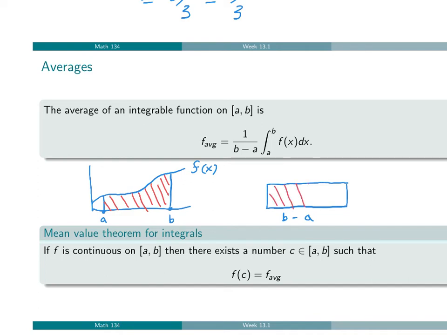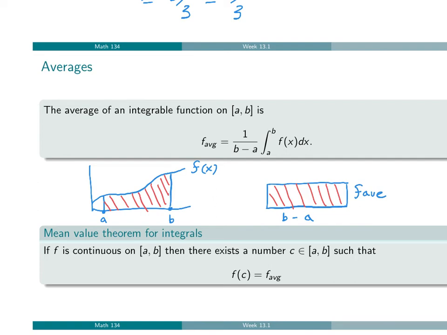So the red area is equal to what was shaded underneath the curve. Well, there would be some height. Let's say that we call that height F average, F sub av. That is how we define the average height of our curve.